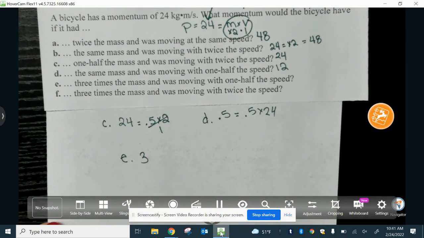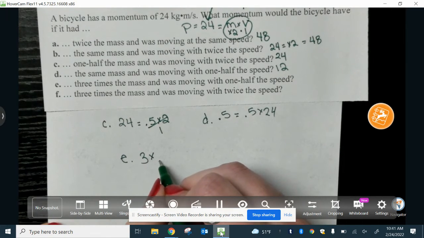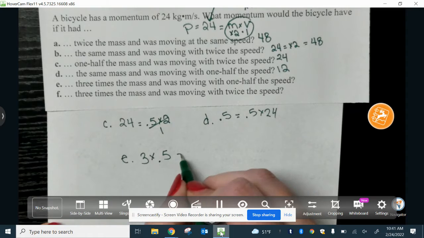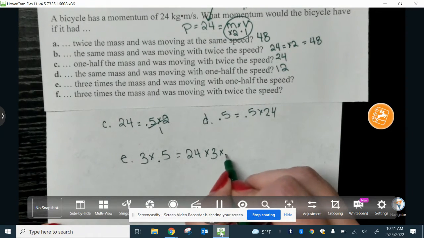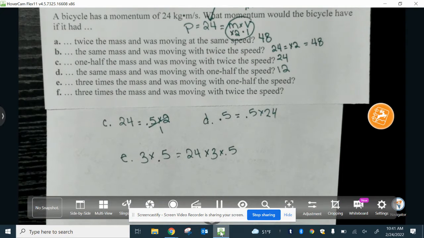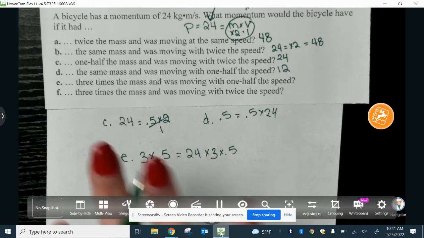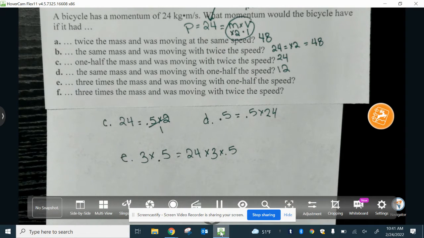So it'd be 3 times the mass and half the speed. So I have to multiply this side by 3 times 0.5. And when you do that, what do you get? 36. I don't like fractions because I don't like to have to flip them. So I just use decimals instead when I can.